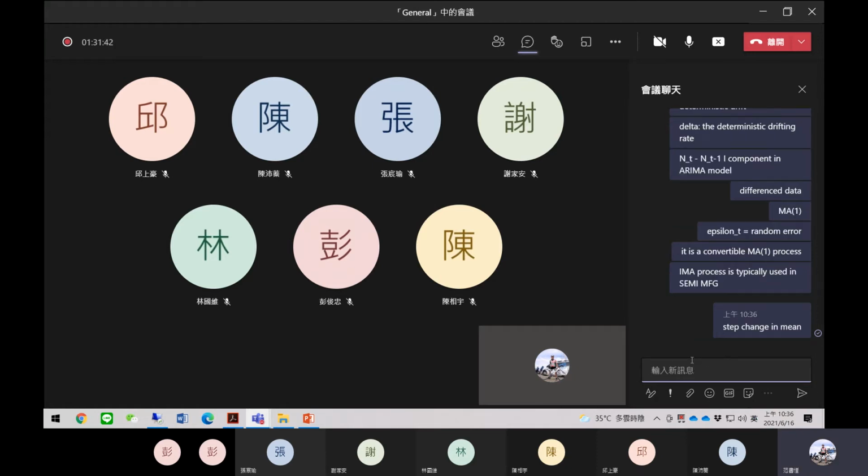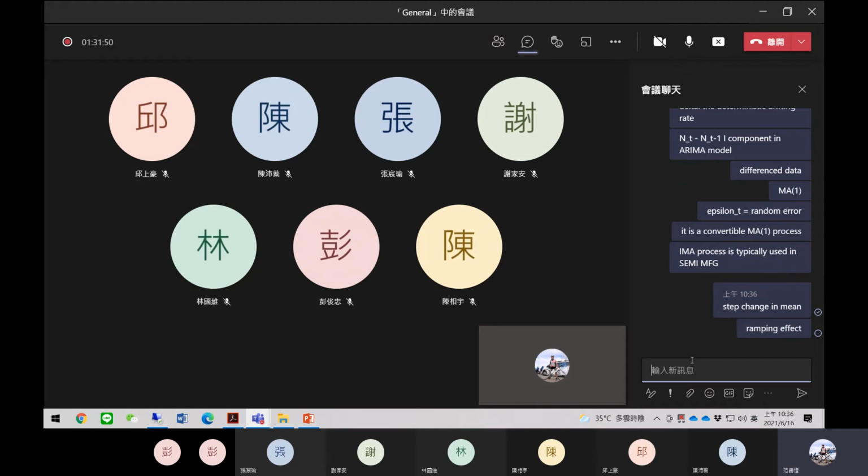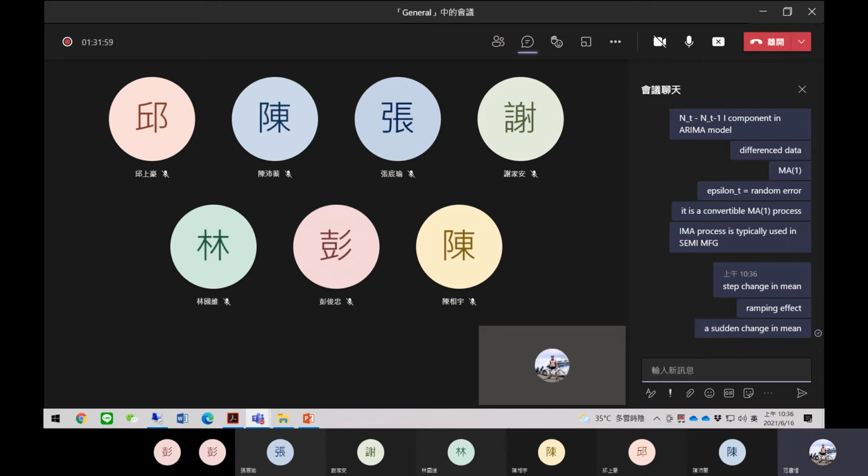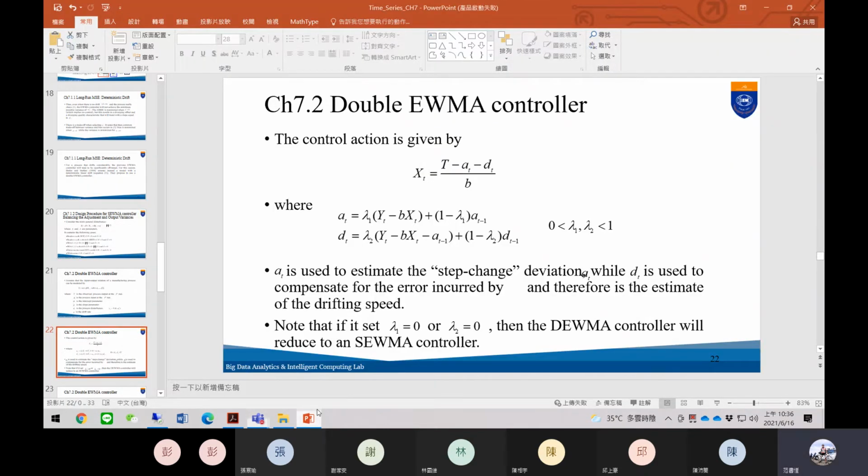It could be a ramping effect or a sudden change in mean. It could be either way.